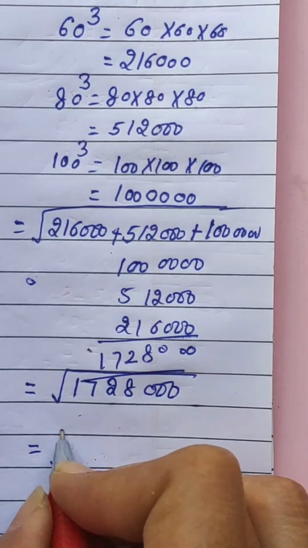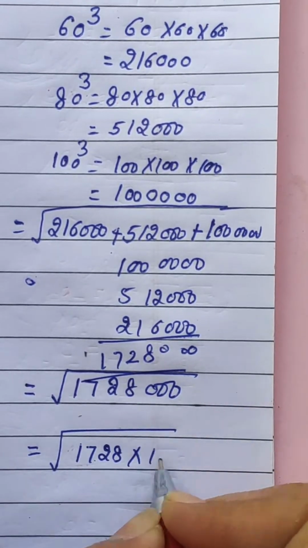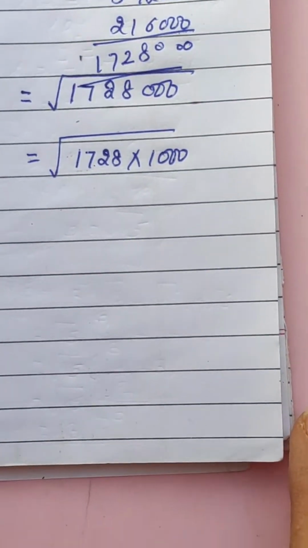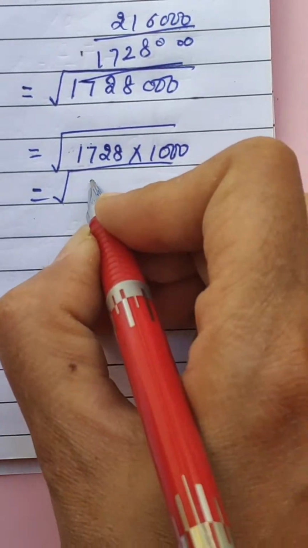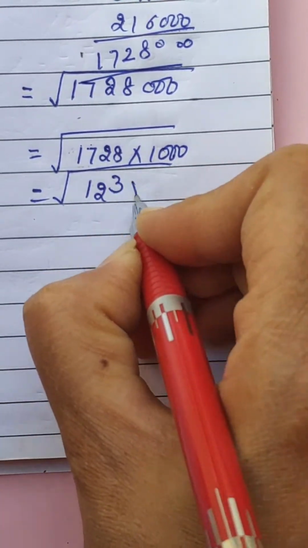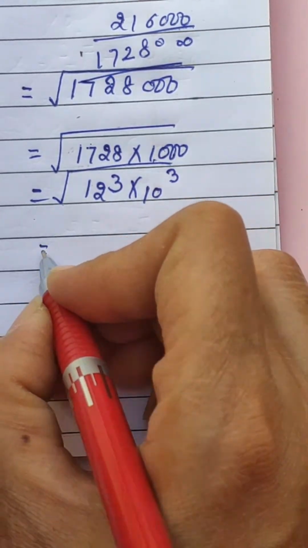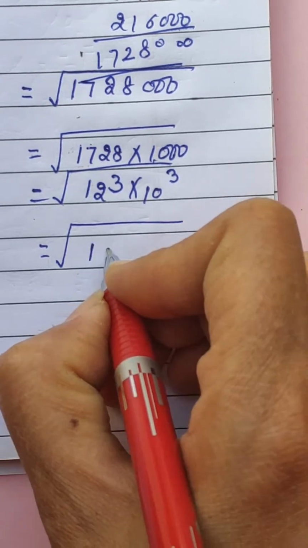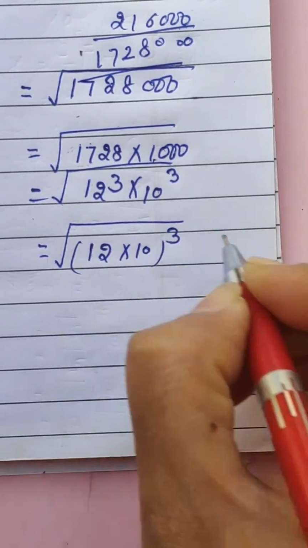So we can write it as 1728 multiplied by 1000, right? And this is 12 cube and this is 10 cube, right? So we can say 12 multiplied by 10 and the whole cube, right?